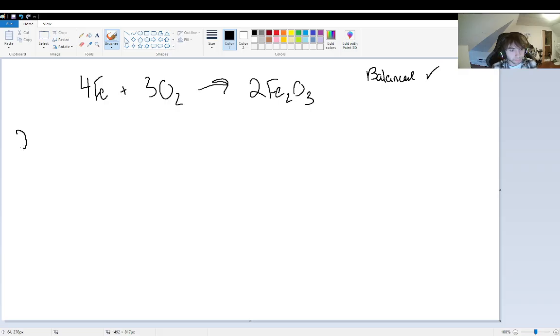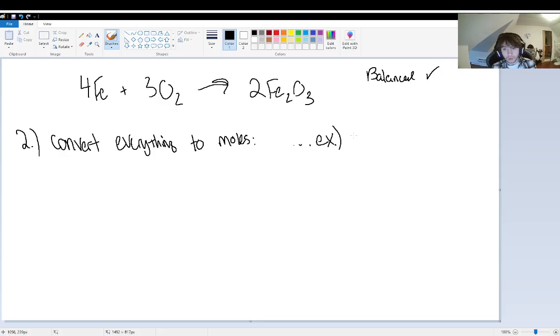And that's convert everything to moles. So let's say, for example, I have 15 grams of iron and 48 grams of oxygen.